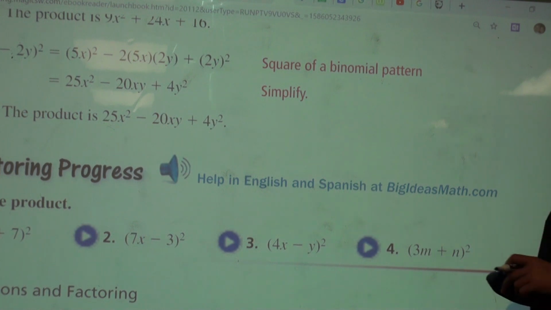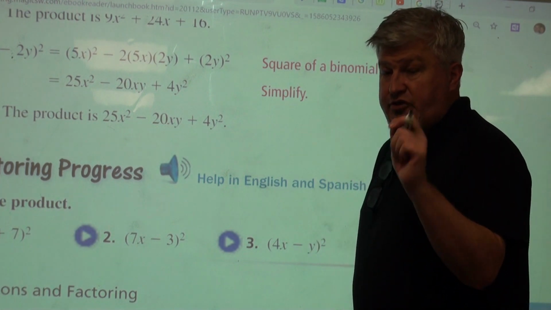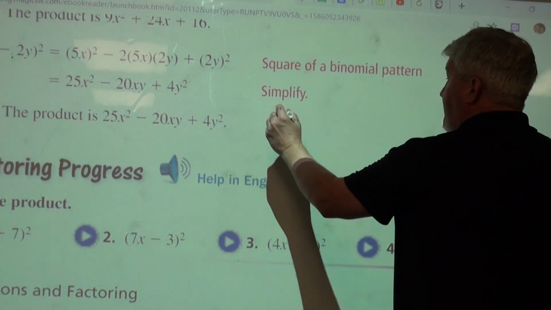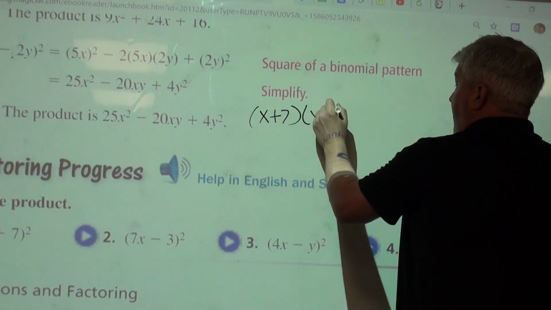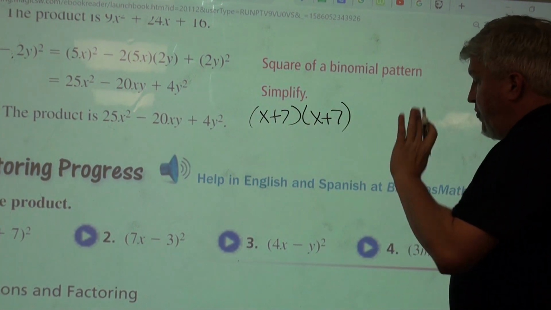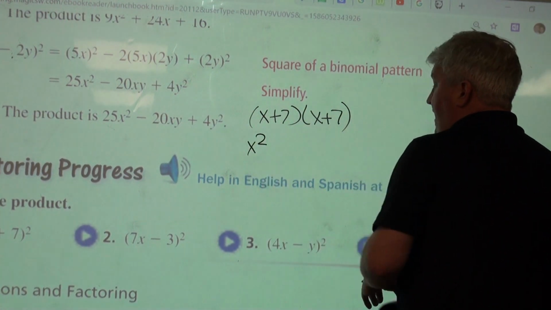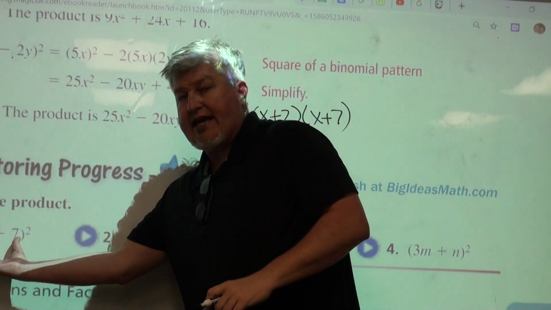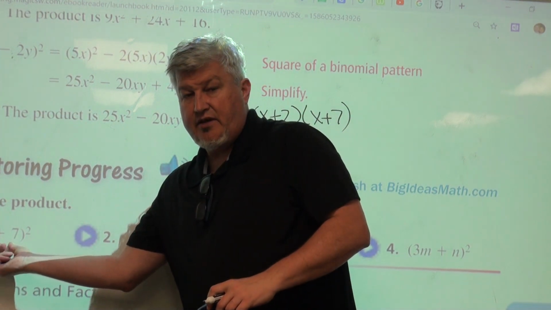Okay, so the first one says, number 1, x plus 7 squared. That's x plus 7 times x plus 7. So we square the first two terms. X times x is x squared. Now, times the two together. X times 7 is 7x.